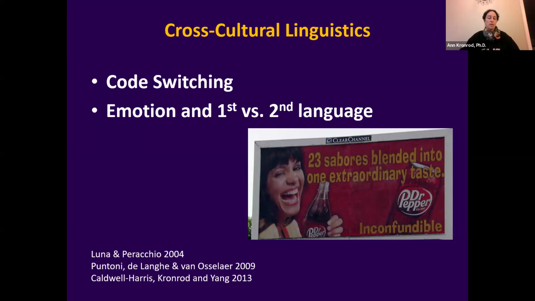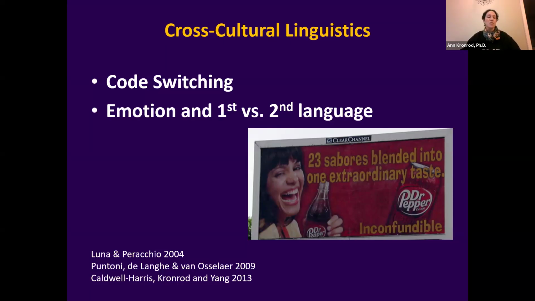There is research, very interesting research, I think, which shows that emotion in our first language seems stronger. So if we said something in our first language, and it was emotional talk, it would sound more emotional than if we did it in a second language, a language that is less native to us.